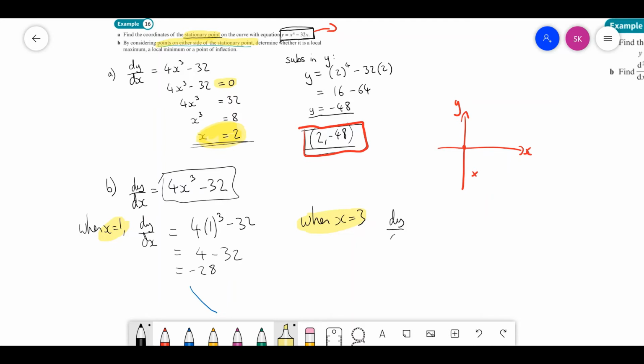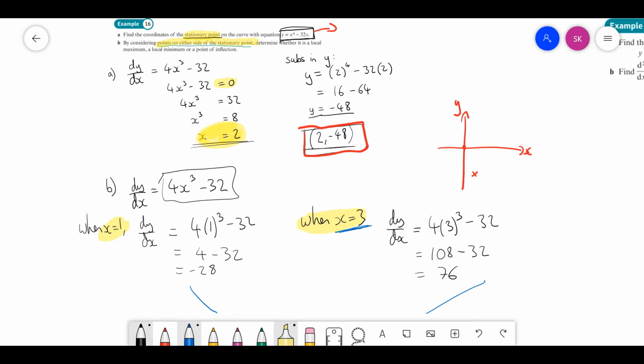So dy by dx equals 4 bracket 3 cubed minus 32, which is 4 times 27, which is 108 minus 32, which is equal to 76. 76 is obviously bigger than 0, which means we have a positive gradient where x is 3.